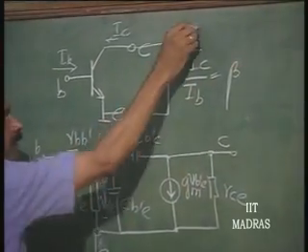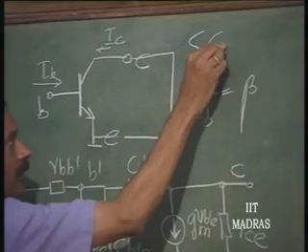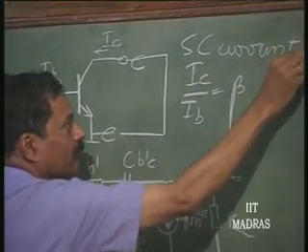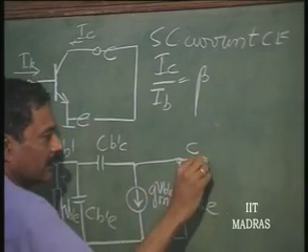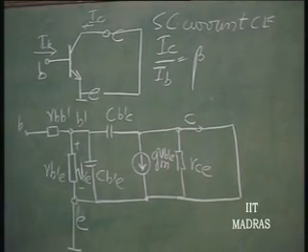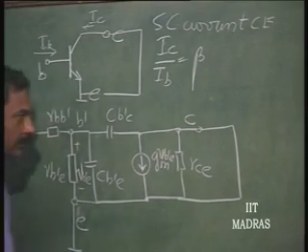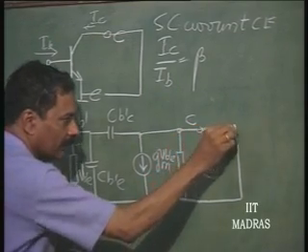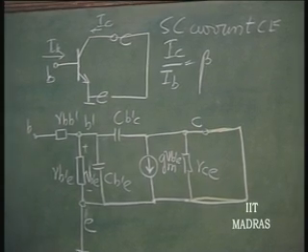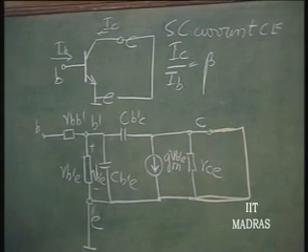It is called the short circuit current gain of a common emitter transistor.